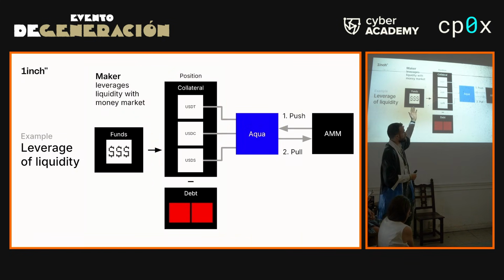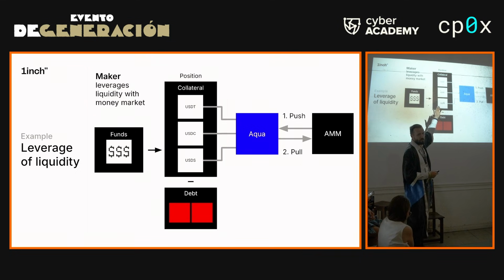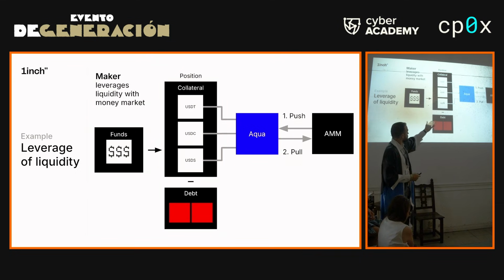But you just can't withdraw all your collateral. So you could provide these three assets into three different AMM pairs. And this would lead you to having 60K of liquidity. But remember, you came with 10K. You got 3x leverage of liquidity with a money market on your own, with your own wallet.